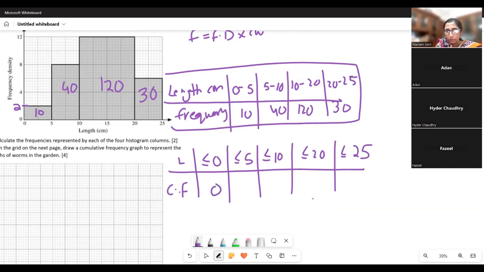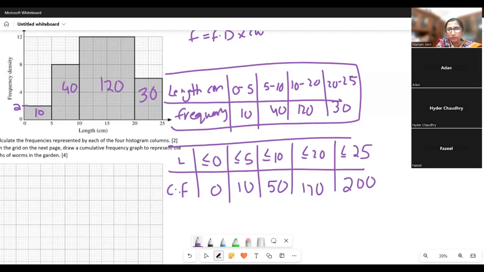So less than 0 तो 0 ही है, less than 5 10 है, less than 10 10 plus 40 50, लेस देन 20 में ये तीनों आ गए तो ये आ गया 170. और फिर 170 plus 30, 200. This is the cumulative frequency table.